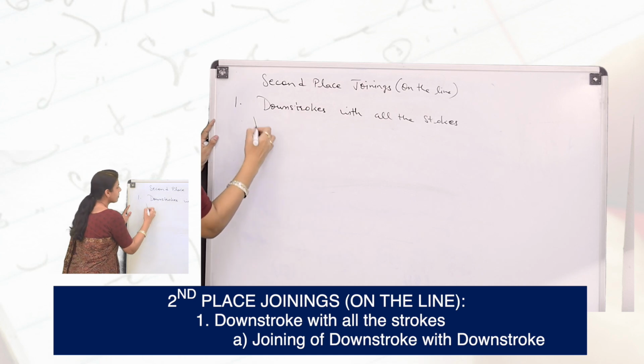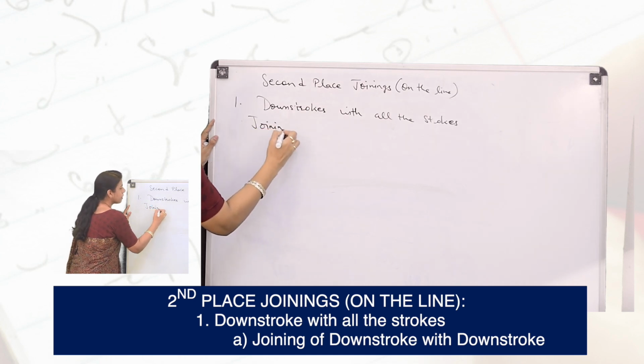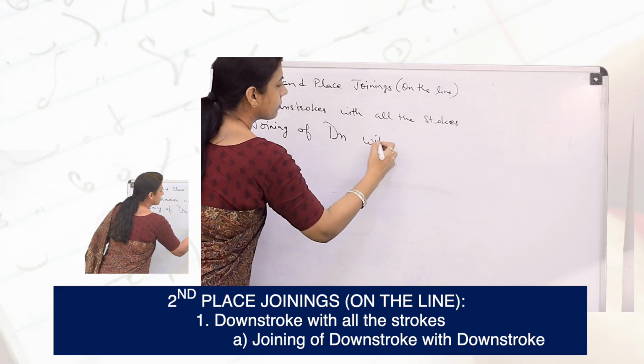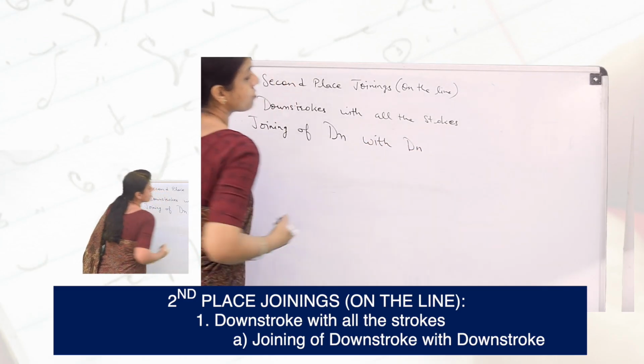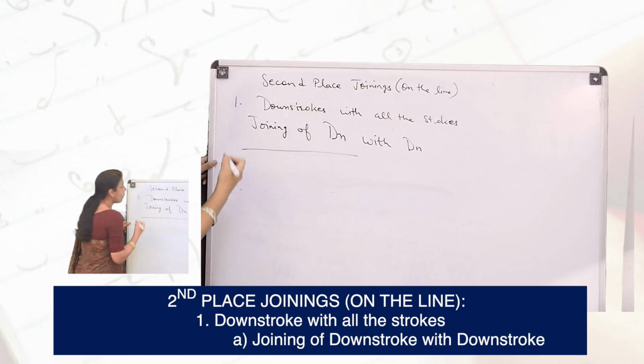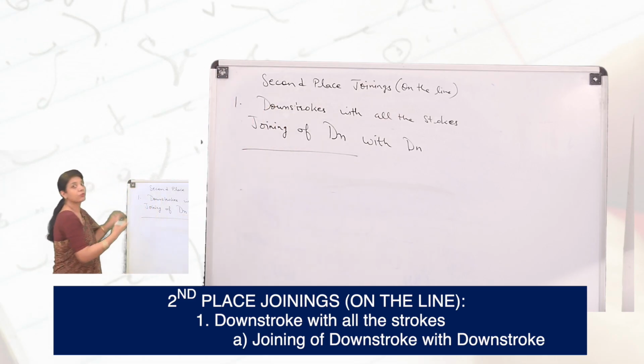That means first we'll take the joining of downstrokes with downstrokes. Just now we did a few examples of this joining.